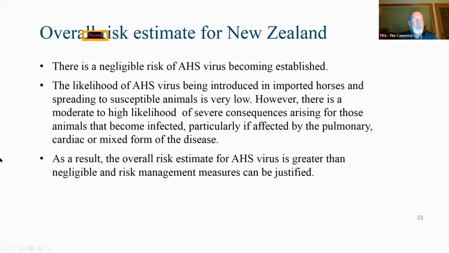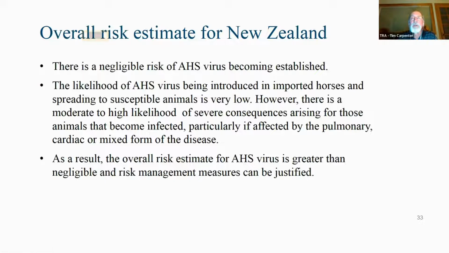Now, we have the entry, we have the exposure, and we have the consequence assessments done. Take all this information for the risk estimation, combine them, and come up with the following conclusions. We've got a negligible risk for the virus to become established.